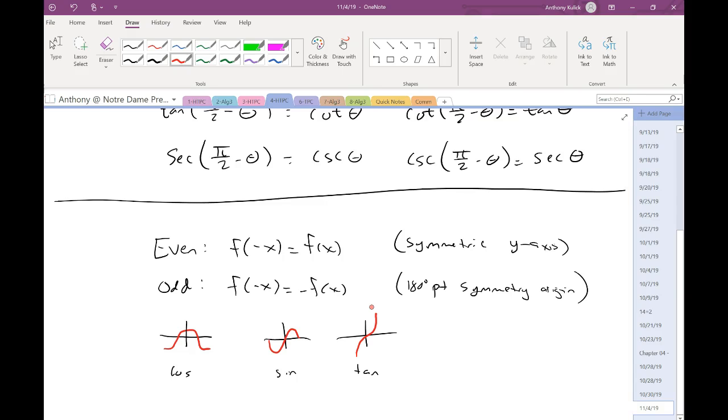Is it odd or even? Looking at the graph there, is it symmetric about the y-axis, or does it have that 180-degree point symmetry about the origin? Symmetric about the y-axis, right? Looks like it's a mirror reflection of it across the y-axis.